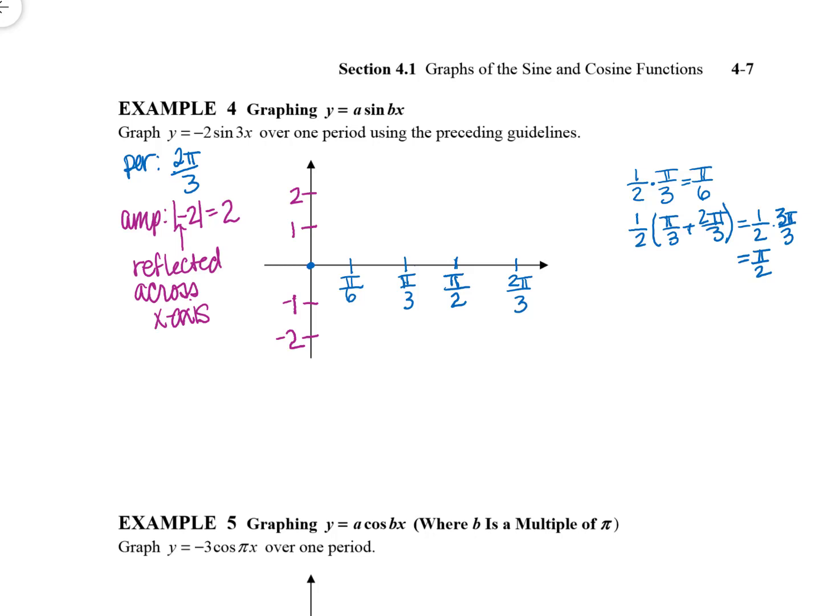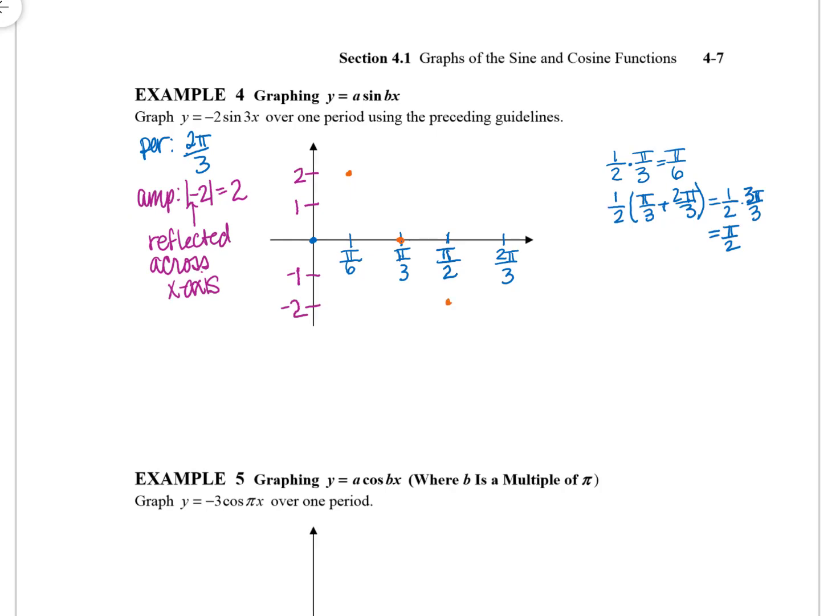So what I'll do is graph the function before it's reflected and then the final function after it's reflected. So for sine, we know that we go up, then down to the middle, to the minimum, and then back to the middle. I'm going to make this dotted.